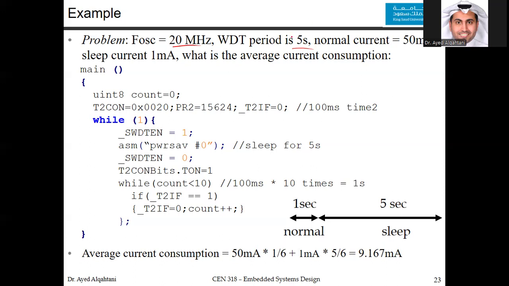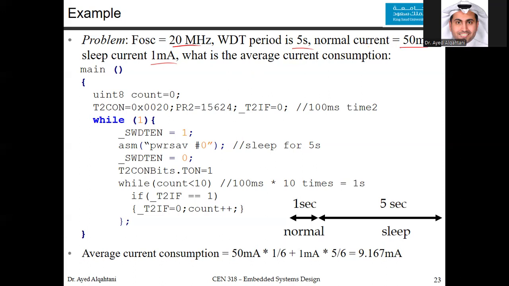Remember, we could have calculated the watchdog timer period. And I gave you the upper and lower bound, like maybe 5 slides ago. Now, also we have a normal current, which is 50 milliampere. The sleep current is 1 milliampere. And you were asked, what is the average current consumption?